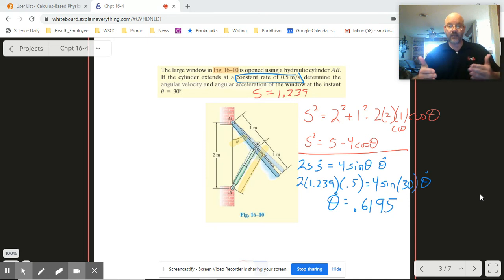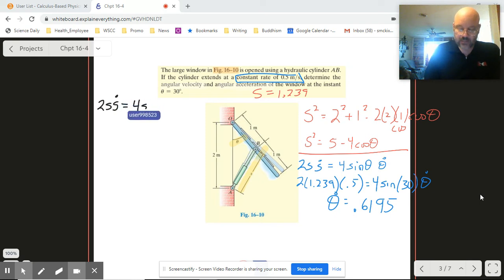So I'm going to write down my original equation here for us. So 2s s dot is 4 sine theta theta dot. So we'll take derivatives of everything. This is going to get a little bit long, so let me scoot over just a little bit.